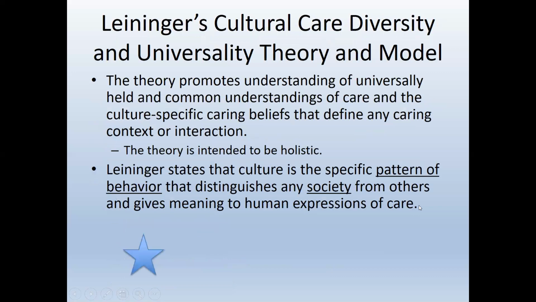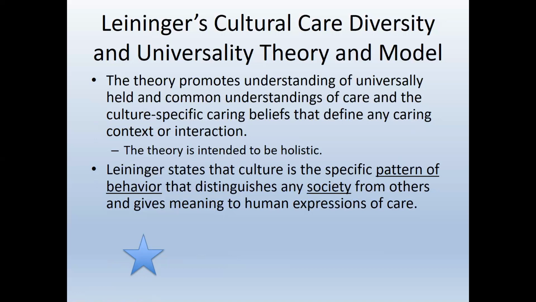So Leininger, very commonly discussed model, used quite a bit because of its holistic nature. The universally held and common understandings of care are central to this, so it's often considered a caring model as well. But culture is the pattern of behavior that distinguishes any society from others and gives meaning to human expressions of care.